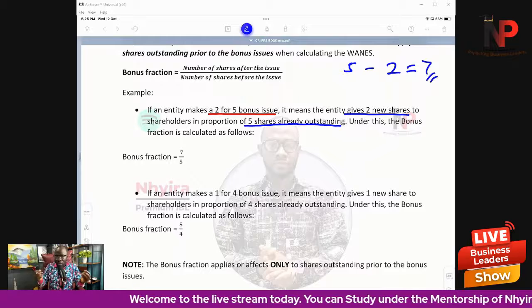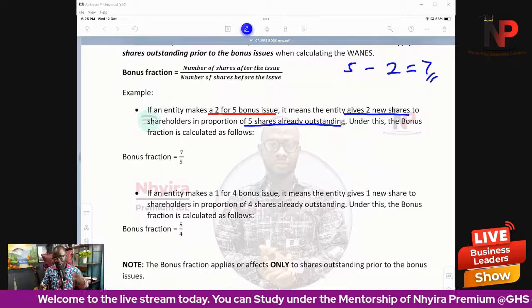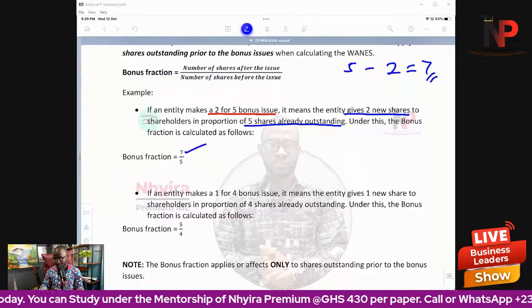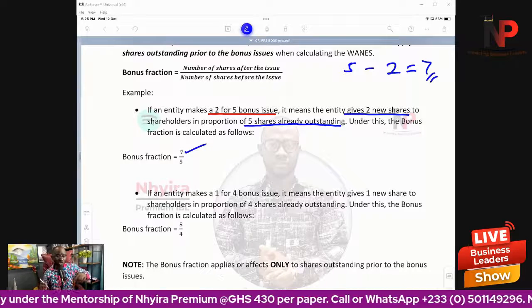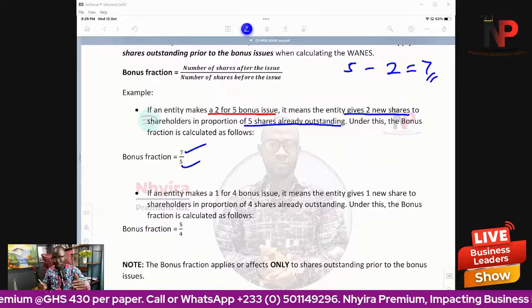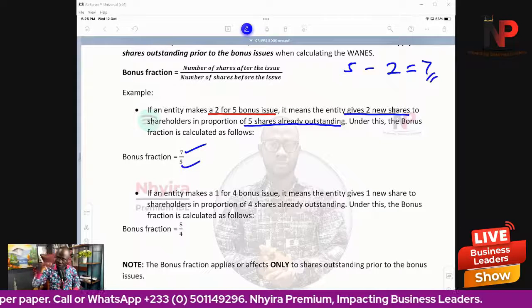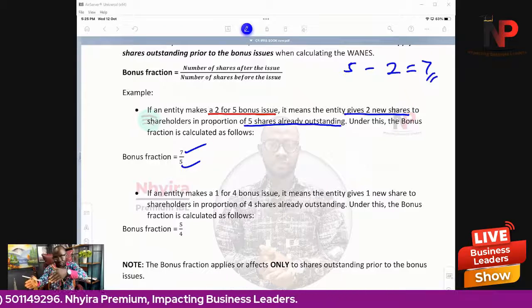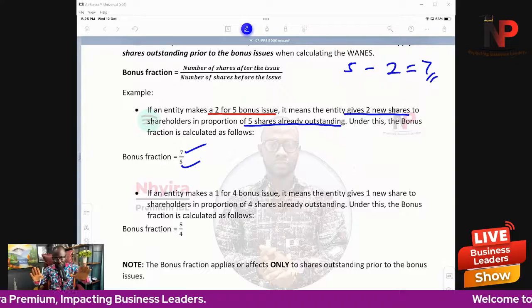So our bonus fraction is going to be the shares you are now owning after the issue, which is 7, divided by the shares you were owning before the issue, which is 5. So our bonus fraction becomes 7/5 in the context of this question, 2-for-5. I hope you are following the picture.